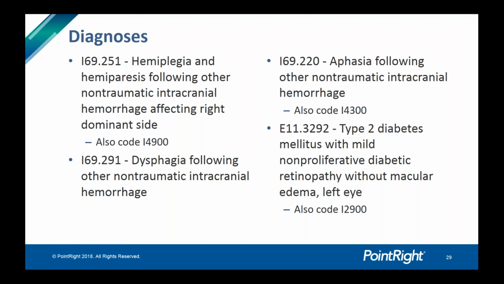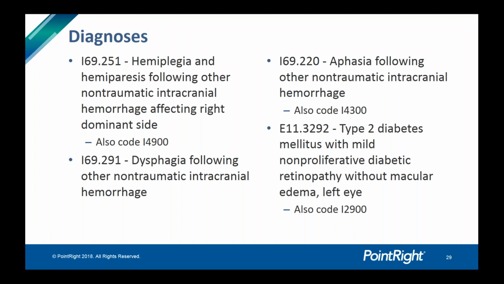E11.3292. So that's a big code. That's all 7 digits. So it's the type 2 with a diabetic retinopathy, no macular edema in her left eye. So it's got the diabetes diagnosis built in. It's also got a complication or a sequela of the diabetes in the retinopathy.